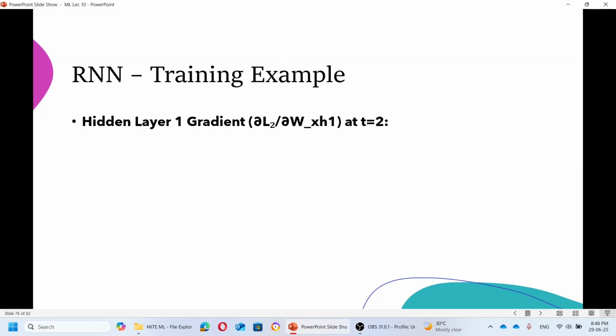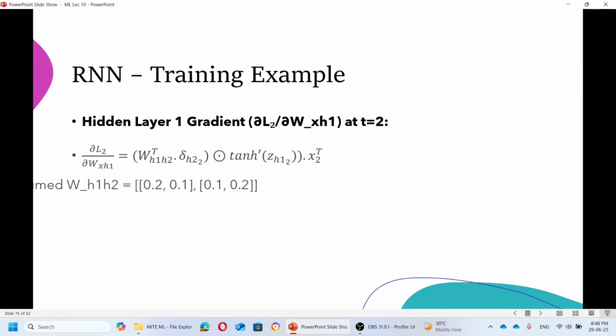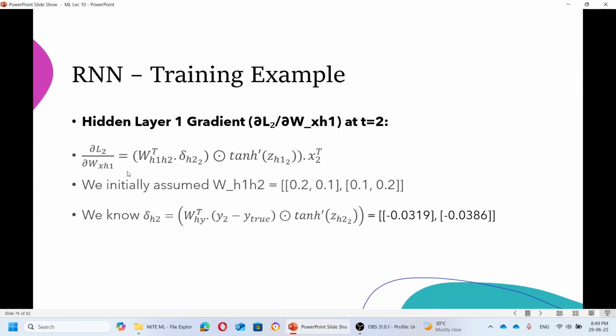Now we find the gradient at hidden layer 1 at t is equal to 2. What we have here is WH1H2, 0.2, 0.1 and 0.1, 0.2. After transposing, we multiply by this delta h2, and then we apply the Hadamard product.